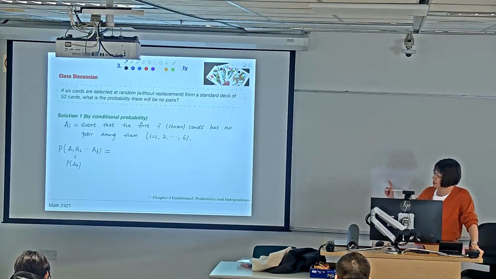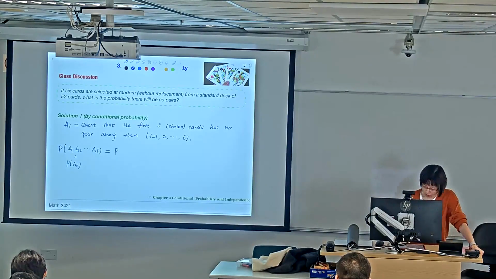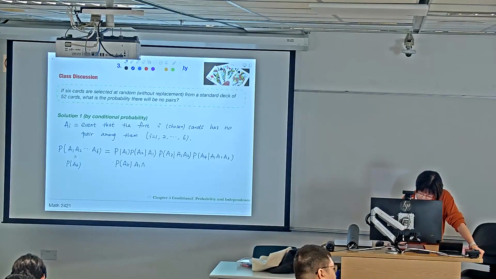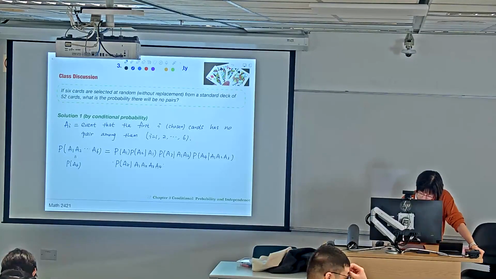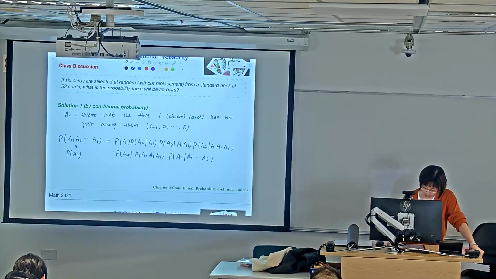But we intentionally write this as an intersection of events so we can use the multiplication rule formula. So this is the probability of the first event, times the probability of the second event conditioning on the first, times the probability of the third event conditioning on both of the first 2 having occurred, then the probability of the fourth event conditioning on the first 3 having occurred, times the probability of the fifth event conditioning on the first 4 events having occurred, then the probability of the last event A6 conditioning on the first 5 events having occurred.